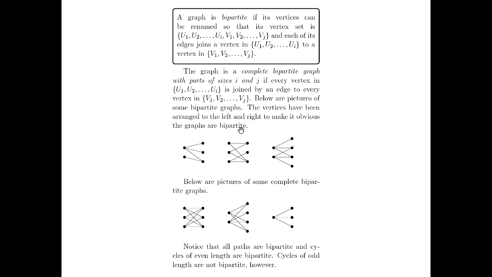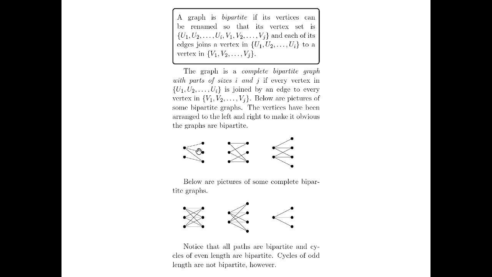So here, I'm drawing them as one part on the left and one part on the right. What is important here is that there are no edges living entirely on the left and no edges living entirely on the right, right?